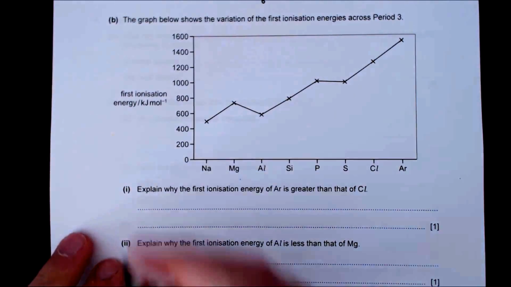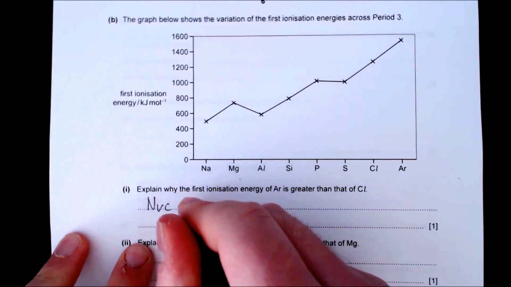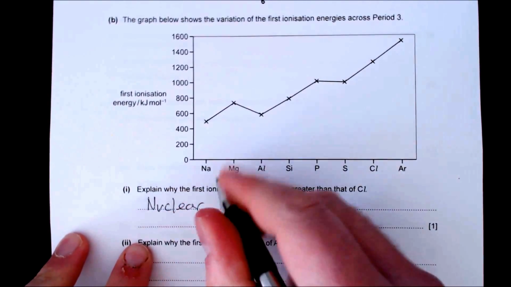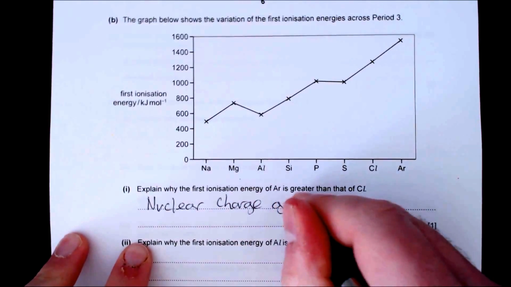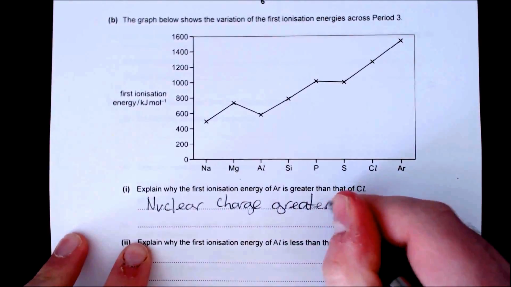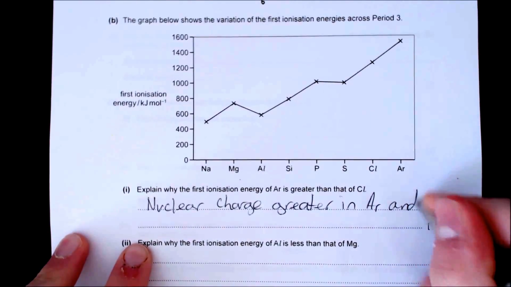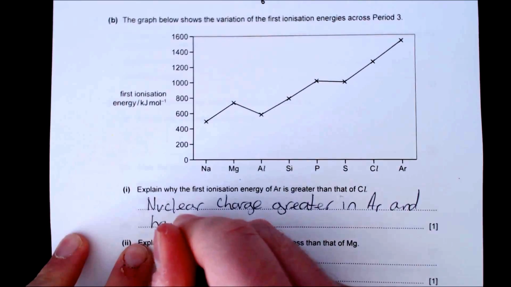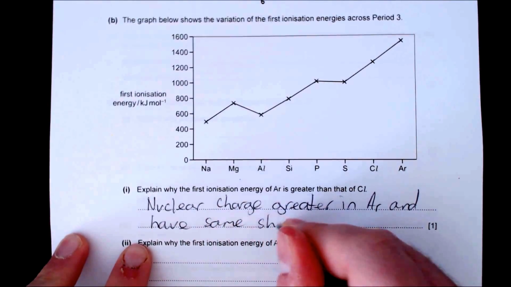So you've got to remember to talk about the shielding as well. It's quite often missed off. So nuclear charge is greater in argon, and they have the same shielding.